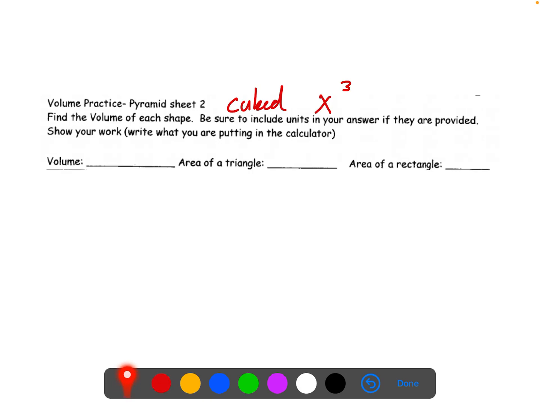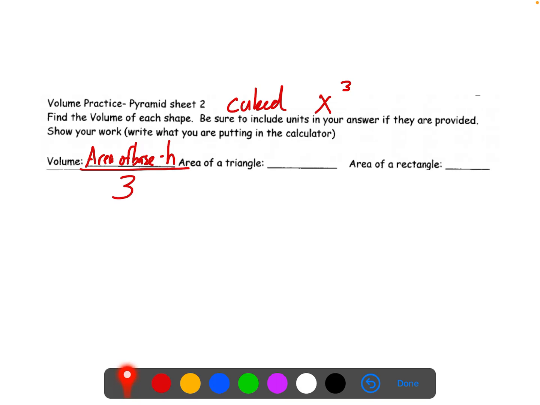And as a reminder, for finding the volume of these pyramids, and remember that's different than finding the volume of a prism, to find the volume of a pyramid, we find the area of the base times the height, and then if it's a pyramid, we divide it all by 3.